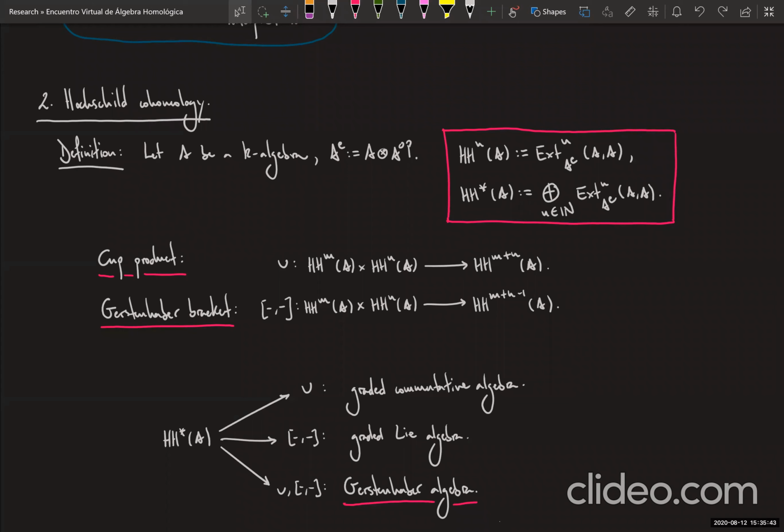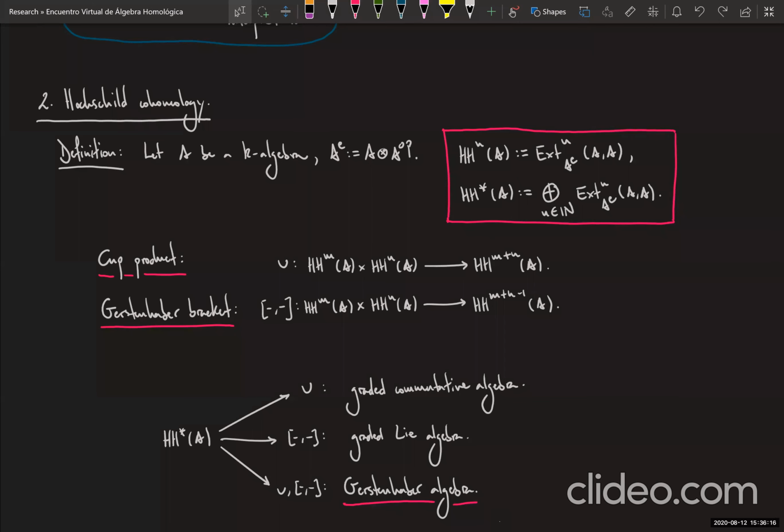The nth Hochschild cohomology of A is the nth Ext group of A with coefficients in A, everything seen as modules over the enveloping algebra, which is the same thing as bimodules over the original algebra. Then we can take the direct sum of all of these Ext groups, and we get that the full Hochschild cohomology is the direct sum of all the Ext groups.